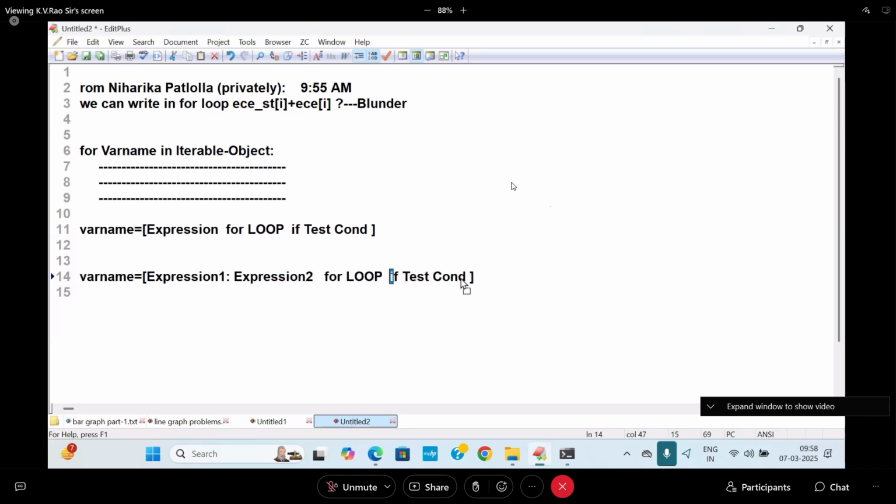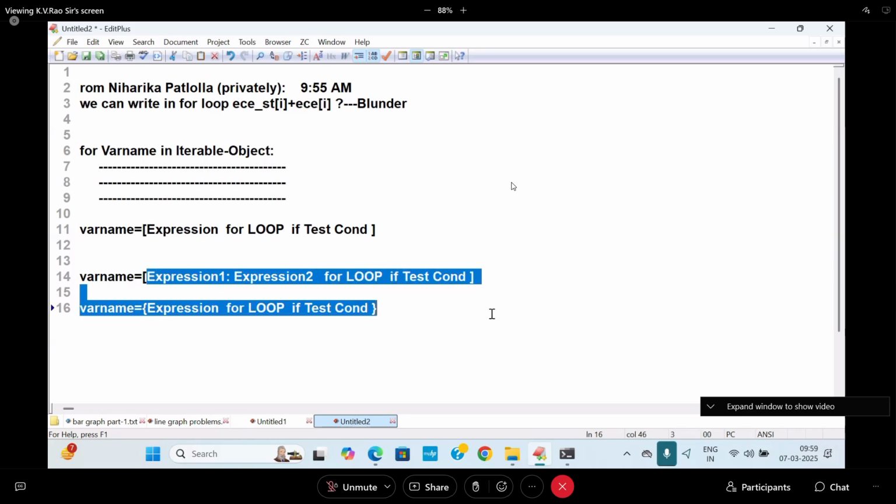Writing the test condition is optional. For set comprehension, you can go like this also. For dict comprehension, you can take like this.